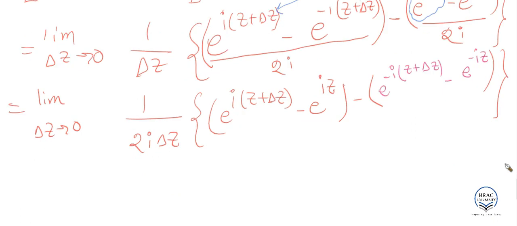And we are almost done. Now we can see that these two parts, this one and this one, have kind of decoupled, and we know that limit is a linear operator.